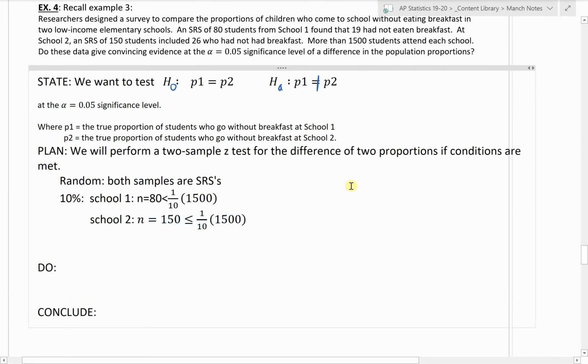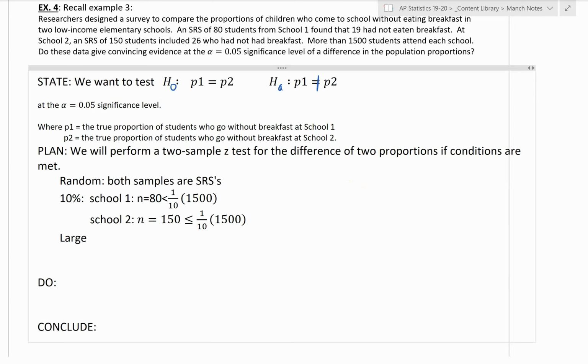And then lastly, the large counts condition. For a two-sample z-test of proportions, really for any test or confidence interval for proportions, that's when we need to check large counts. So successes, this is where we have to be really careful.